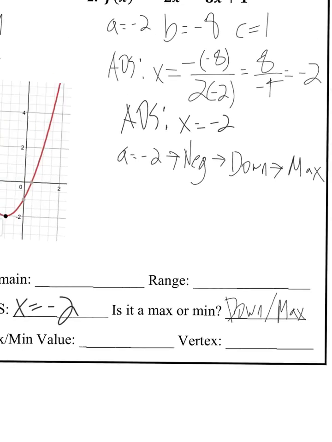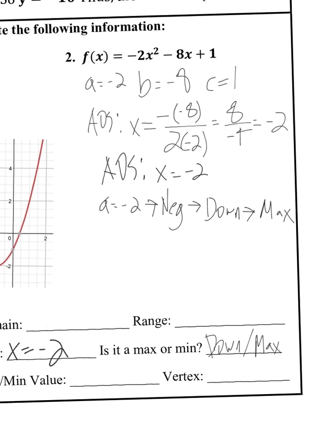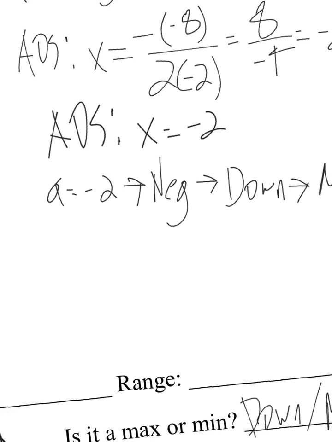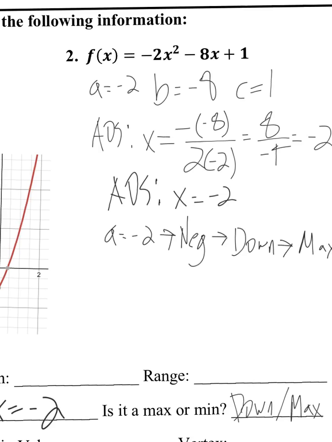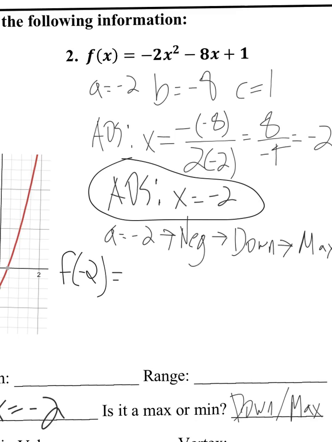All right, so let's figure out specifically what that max value is. All we have to do is plug in our x equals -2 into our function. So plugging in -2 for x will look like -2 times -2 squared minus 8 times -2 plus 1.